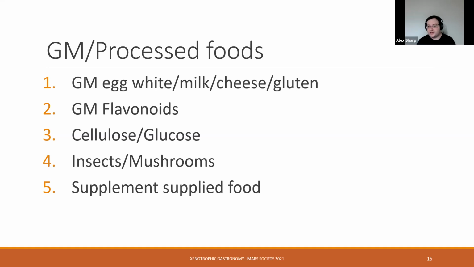So in terms of insects, people generally have issues. Well, in some cultures, people have issues eating insects, but people already eat insects in processed foods. There is a red food dye that is basically crushed up processed bugs, and people are fine with that. And similarly, you have mushrooms.